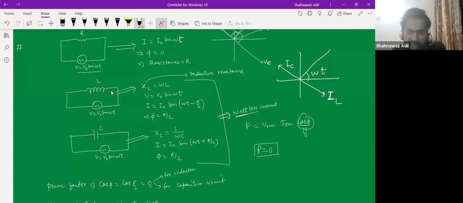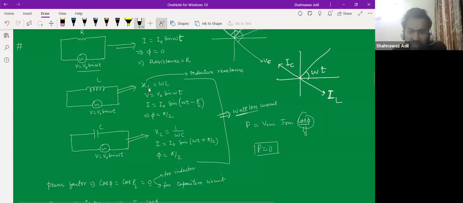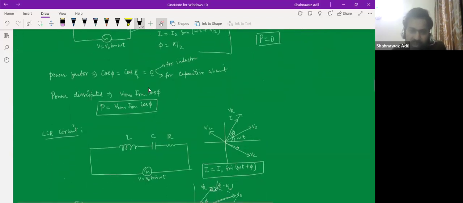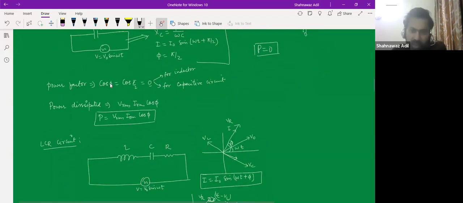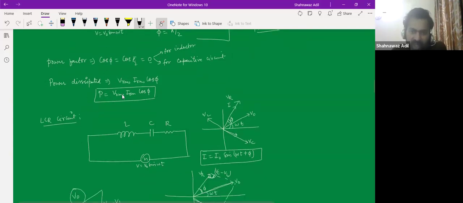So in inductor, the phase difference is pi by 2. This is also pi by 2. This is leading, this is lagging behind. So current is leading in capacitive circuit, lagging behind in inductive circuit. And if we connect all those, so what is the power factor? Power factor is cos phi, and power dissipated is Vrms Irms cos phi.